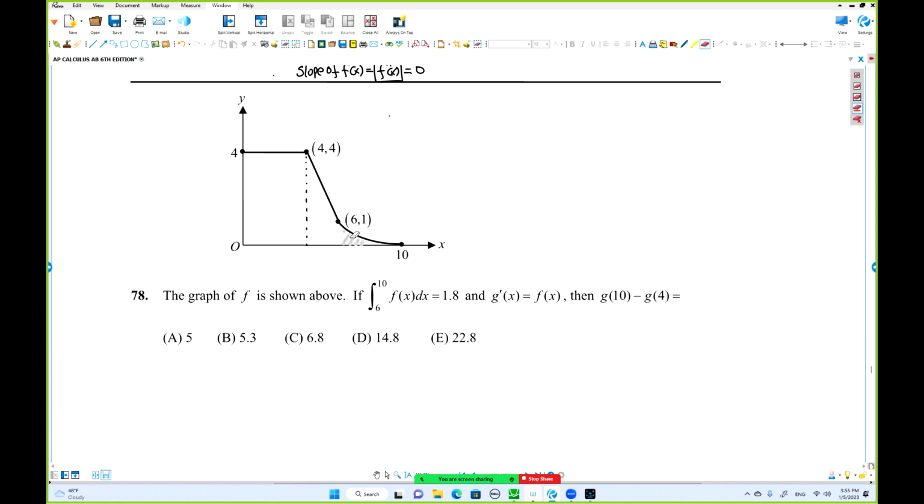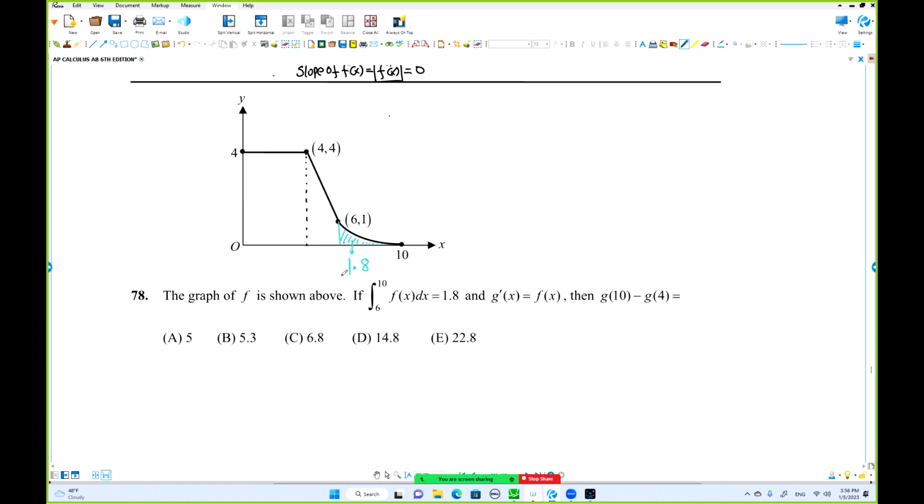I'm going to write it down in a different color, that is better. This area between 6 and 10 is 1.8. That's the area.